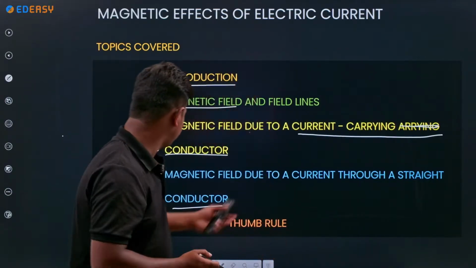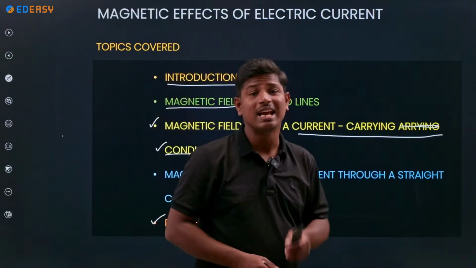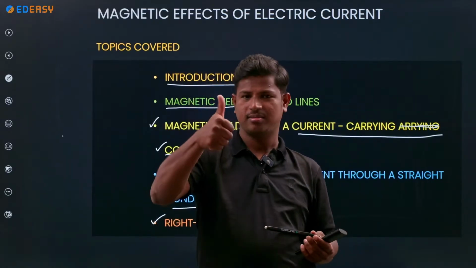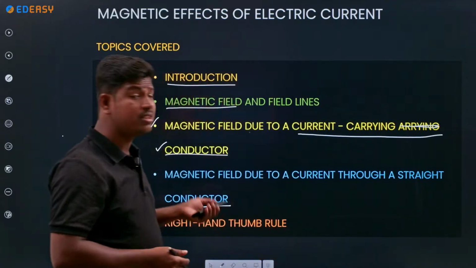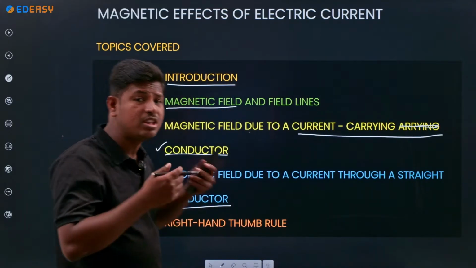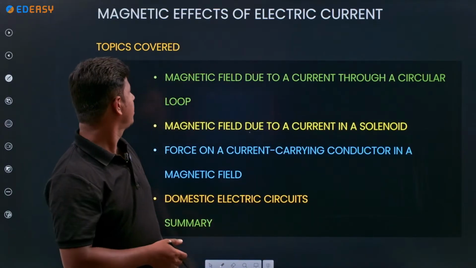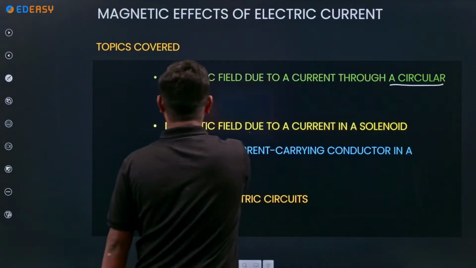Next, the right hand thumb rule. What is the use of the right hand thumb rule, and for which purpose do we use it? Next, magnetic field due to current through a circular loop.